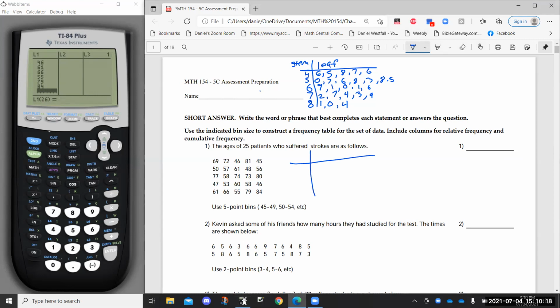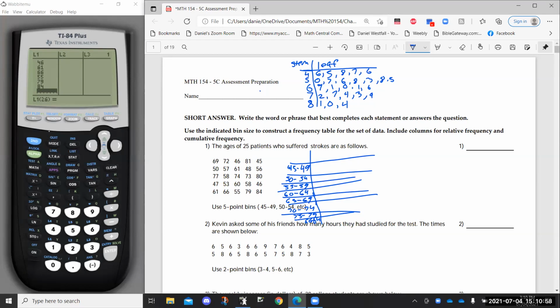So I'd say from 45 to 49, then from 50 to 54, from 55 to 59, 60 to 64, 65 to 69, 70 to 74, and I have to go up to 84. See that? 75 to 79, 80 to 84. Those are my groups here, and I'm going to count them.